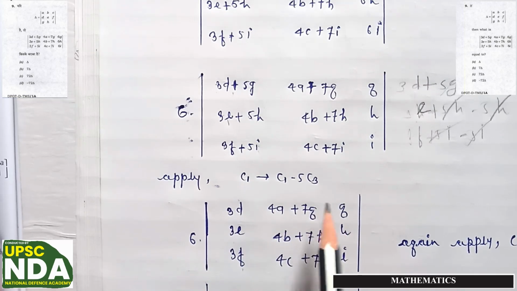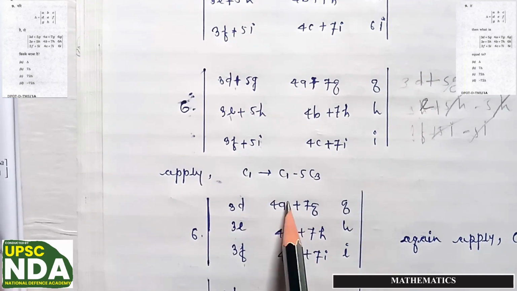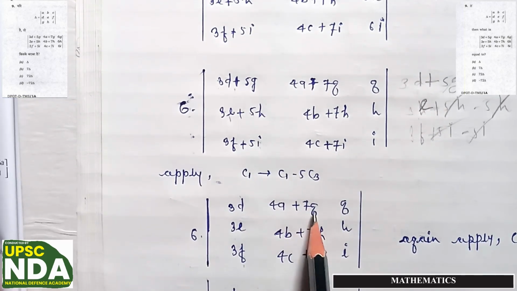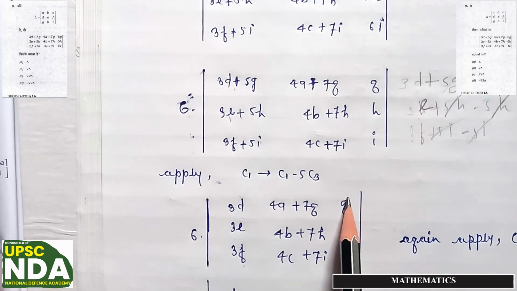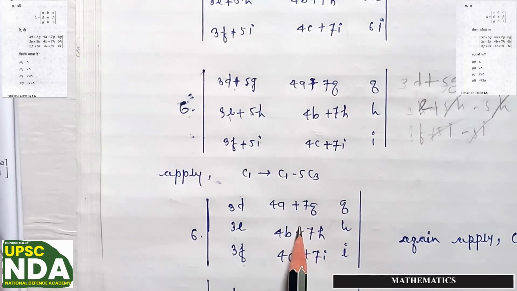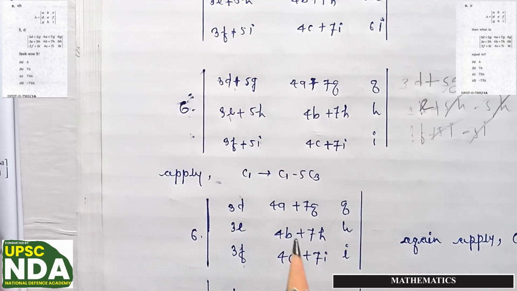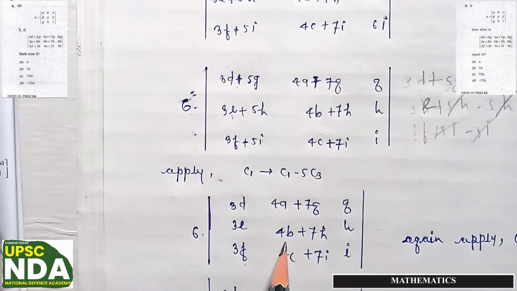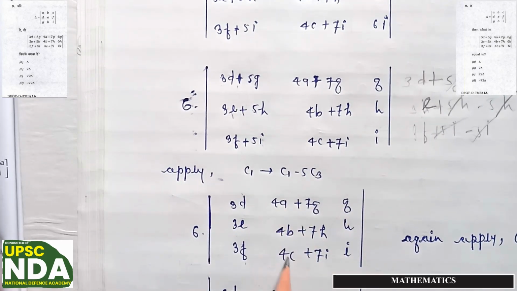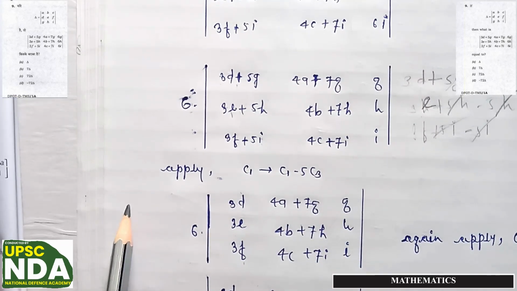Now similarly we may observe in our second column we have 7G, 7H, 7I. So multiply by 7 over here and subtract from this one. What is the possible operation for the next determinant? We can go through the operation on the first and second columns.